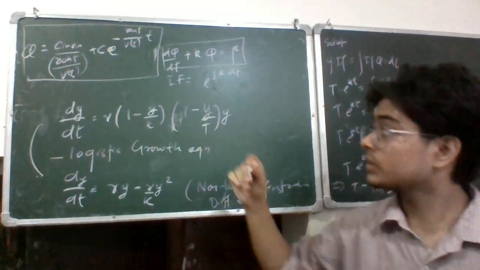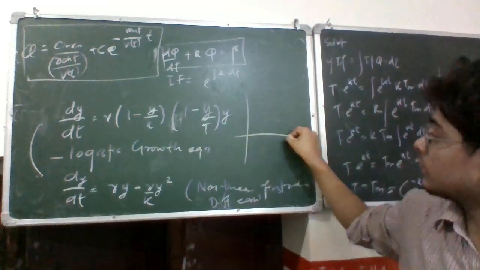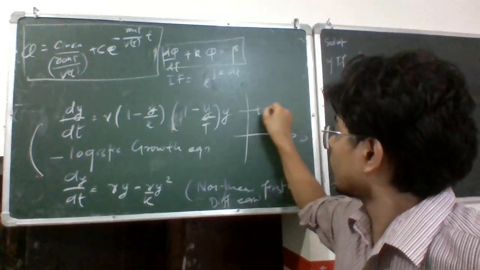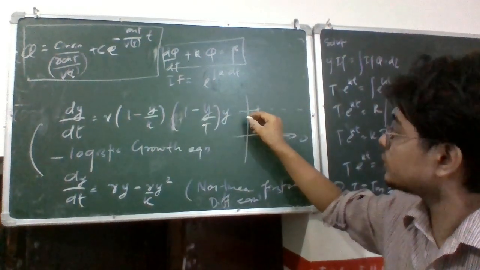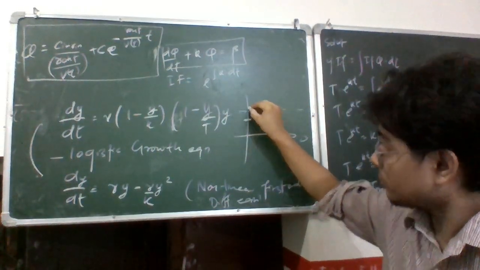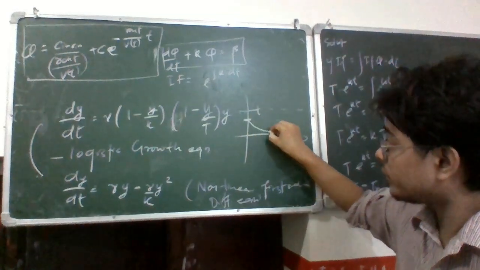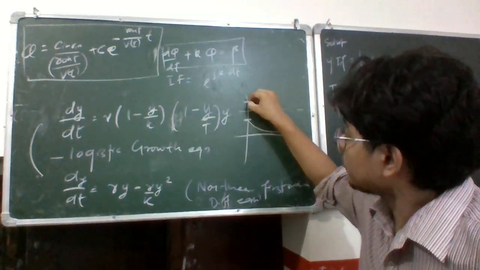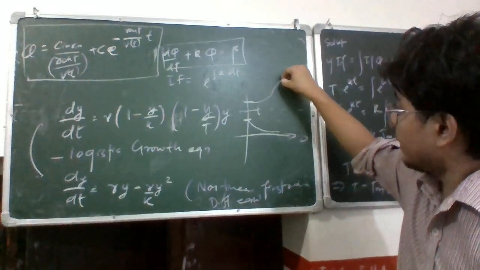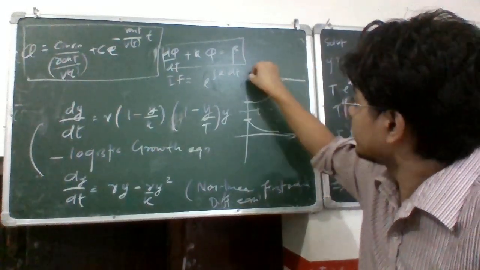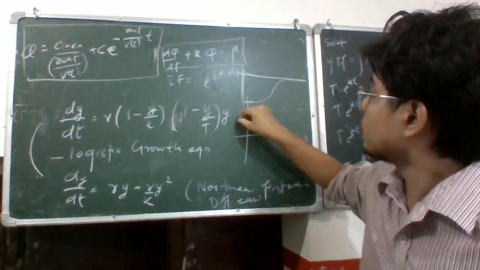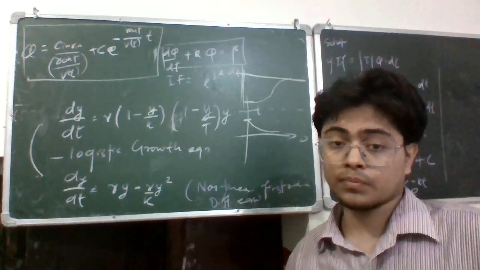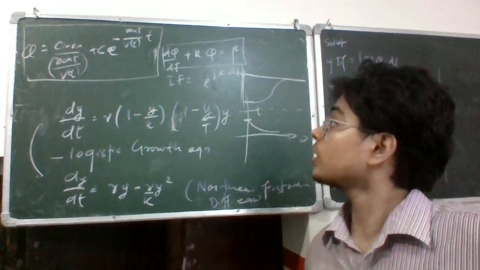Let's suppose this is 0 and this is the threshold. If the population is below this threshold, then it will eventually go to 0. But if it's above the threshold, then it will increase up to the carrying capacity, as suggested by the logistic growth equation.